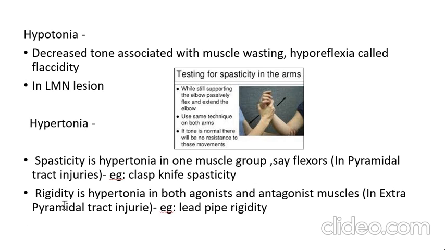Rigidity, on the other hand, is hypertonia in both agonist and antagonist muscles. Say, for example, the same elbow: we feel resistance during flexion and we feel resistance during extension. So if both groups, flexors and extensors, are involved, the term used is rigidity.